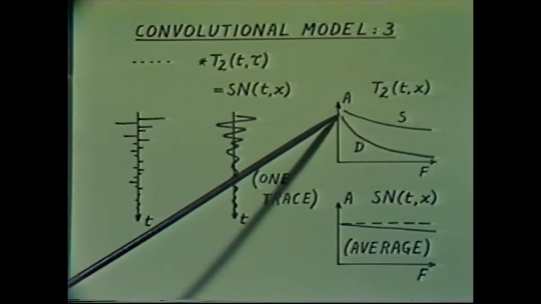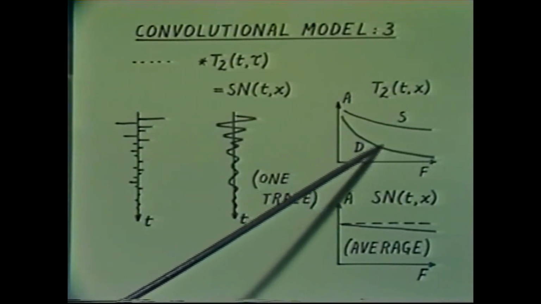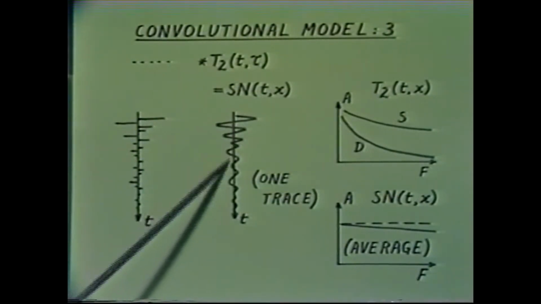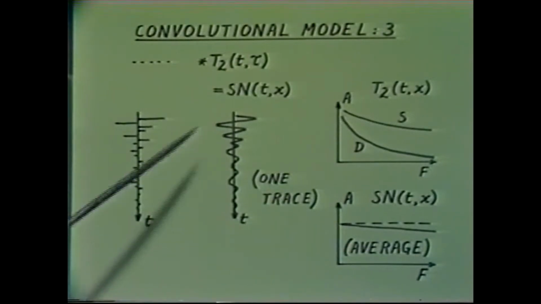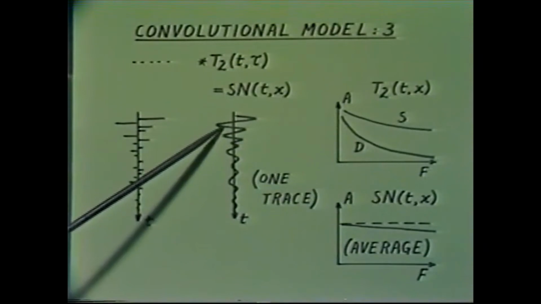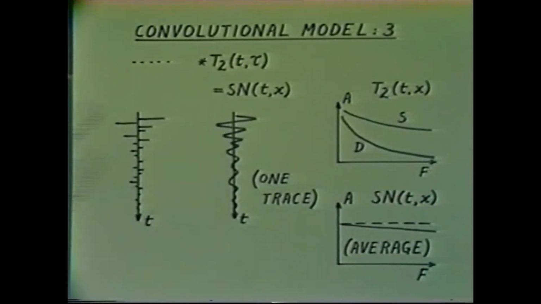As we move down to deeper reflections, the high-cut effect becomes more severe. The effect of that on one of the traces of our record is that it would change the spike form of the trace to a continuous function, of course showing amplitude decrease still, and a general lowering in predominant frequency on the deeper reflections.